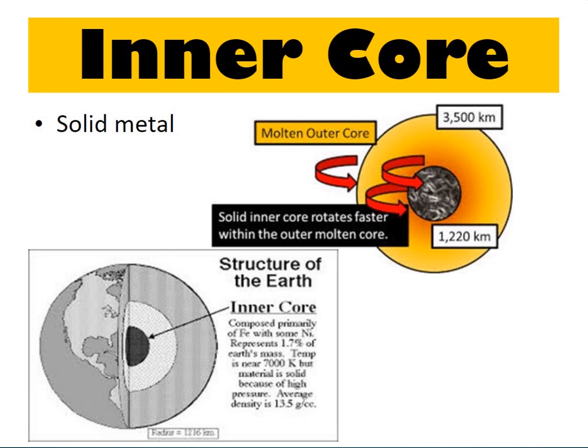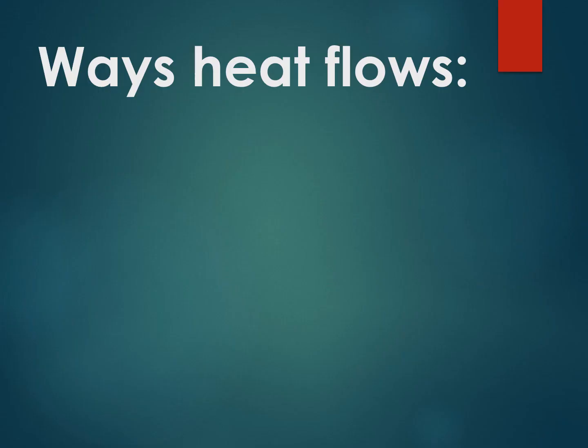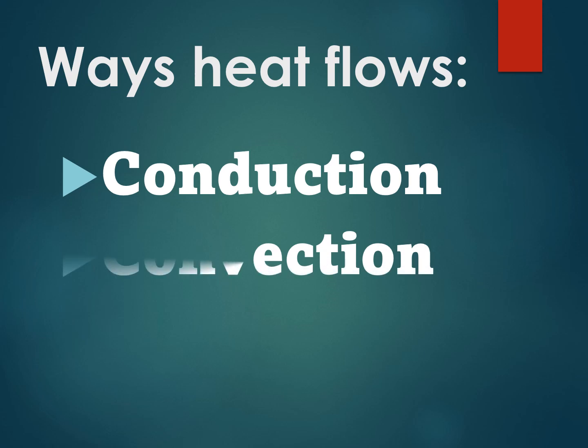If you are wondering how heat is transferred from the core to the other layers of the Earth, heat flows in two different ways within the Earth. It is through conduction, and the other one is through convection.